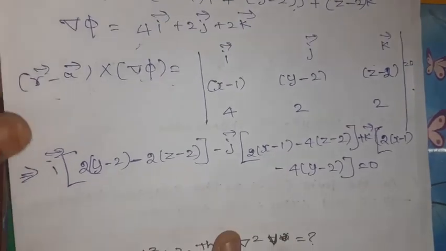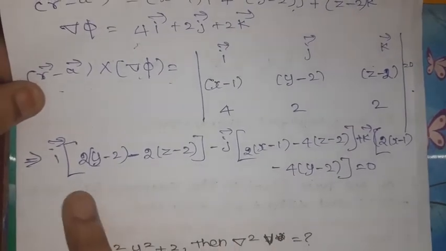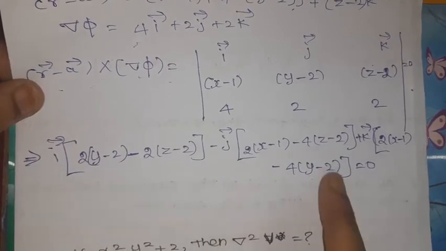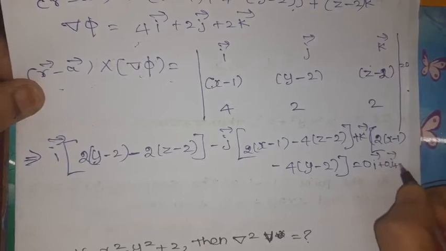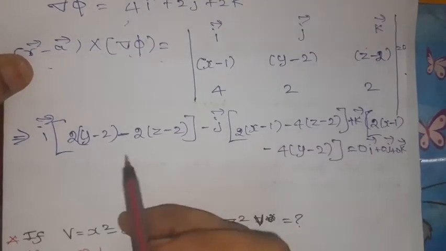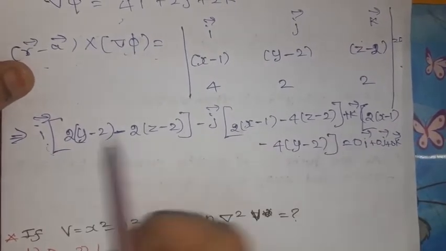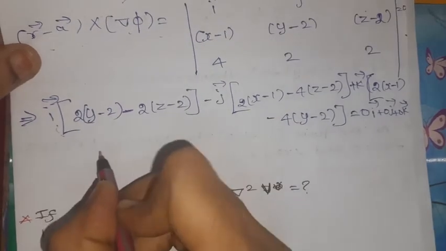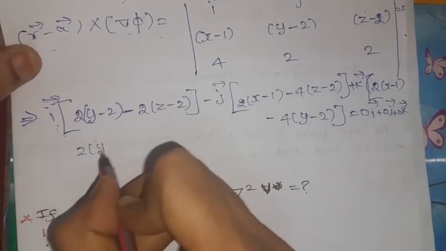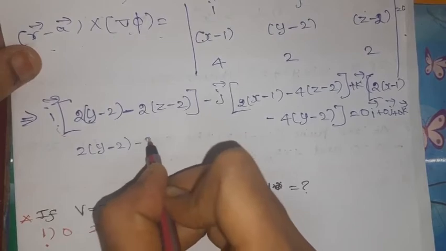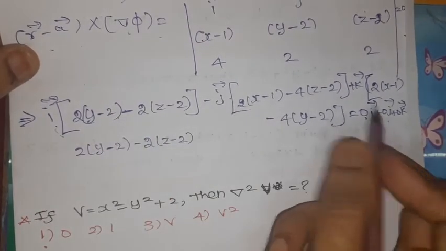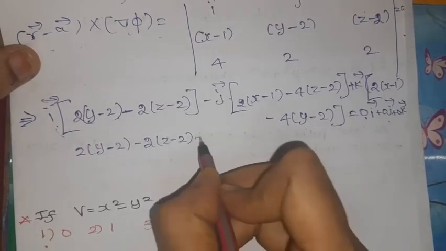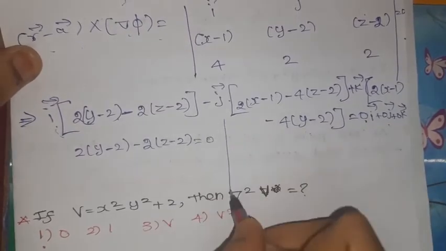Okay. So now we equate the components to 0. We can write it like 0i plus 0j plus 0k. So for i: 2 into (y minus 2) minus 2 into (z minus 2) equal to 0. Then equate the j term, then the k term, equal to 0.